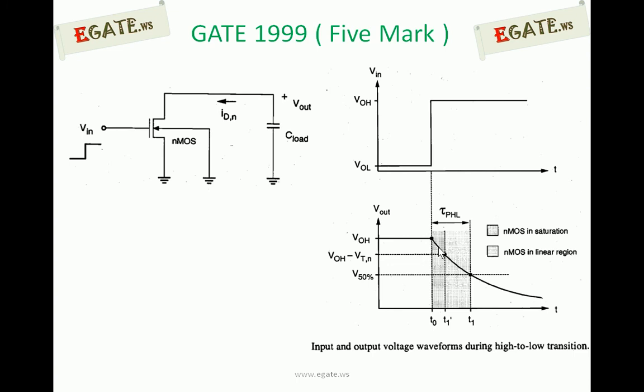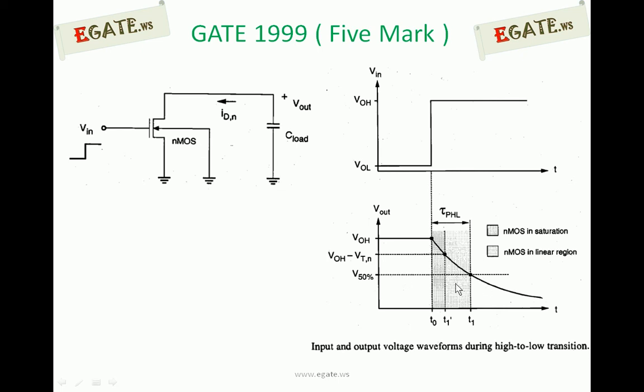Just now we said that the NMOS transistor comes from off to on condition whenever the input changes from VOL to VOH. Initially it will be in the saturation region, later it comes into the active region. But during the tPHL time, it will be most of the time in the saturation region. So for simplicity, we go with the NMOS transistor in saturation, and in that region we calculate dV out by dt.